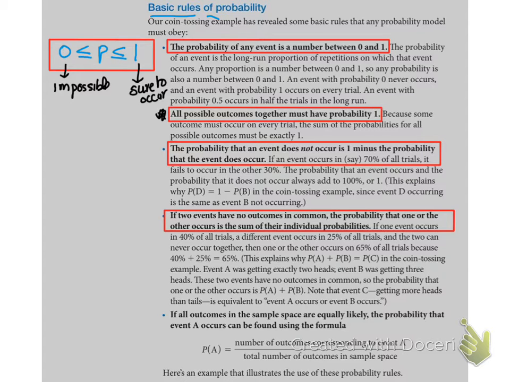So if there are 3 outcomes, A, B, and C, for a certain event, when you add the probabilities of all those outcomes, the sum is going to be exactly 1, not a little bit more or less. The third one is that the probability that an event does not occur is 1 minus the probability that the event does occur.